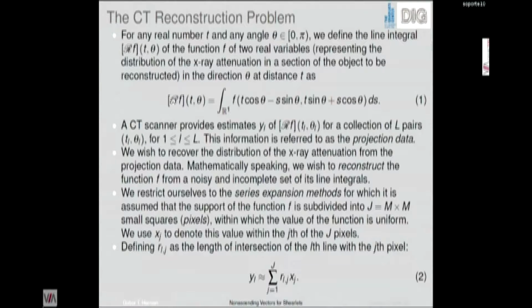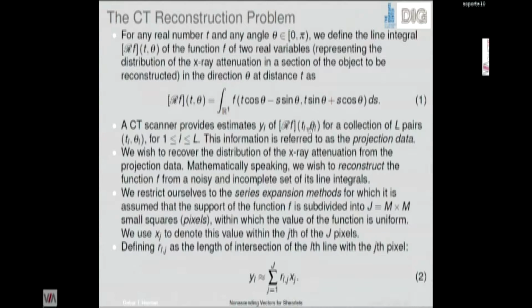This transform was published in a paper by Johann Radon in 1917, and he even provided a mathematical formula for its inverse. What a CT scanner, a computed tomography scanner, does is provide us with estimates of Rf(t, theta) for a finite collection of pairs.